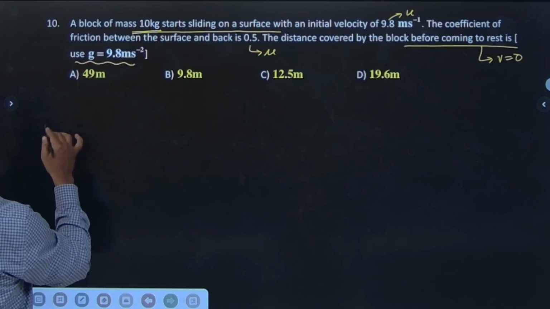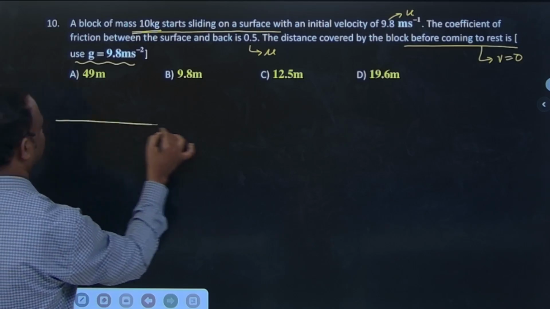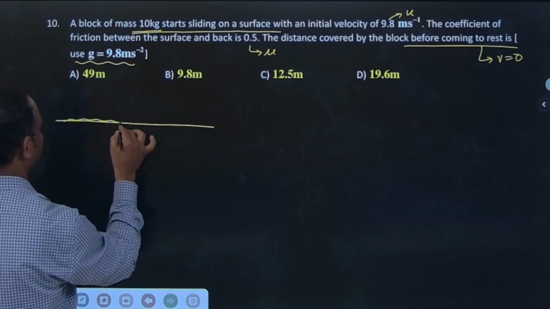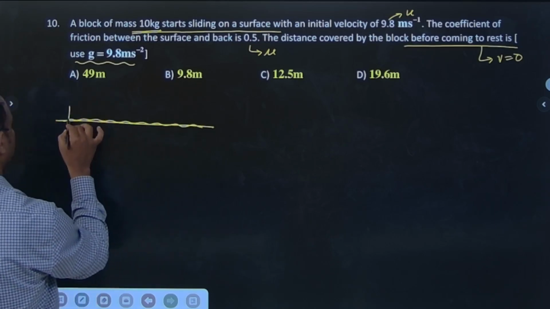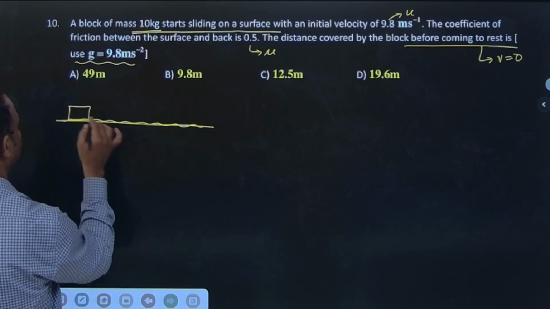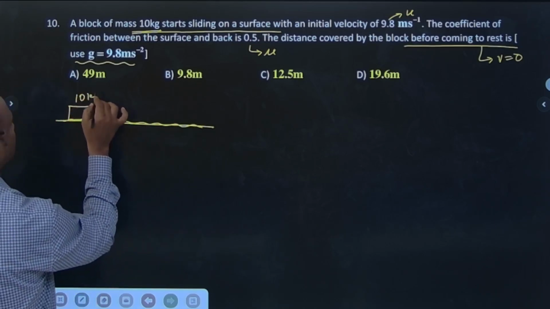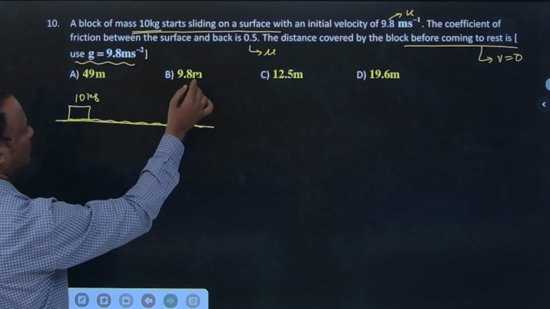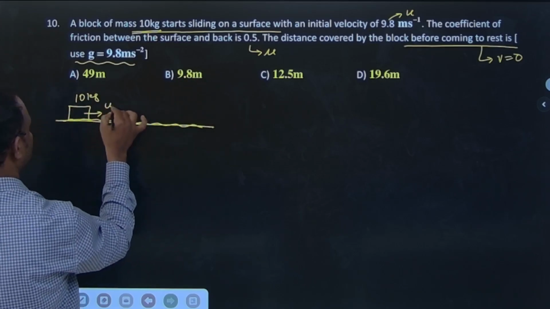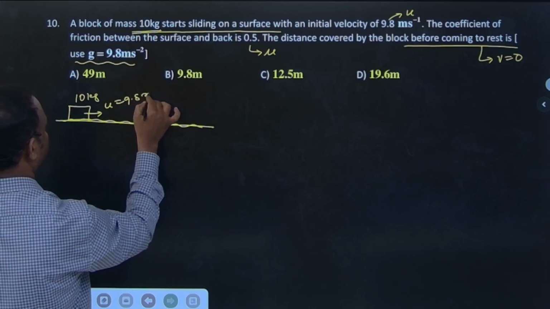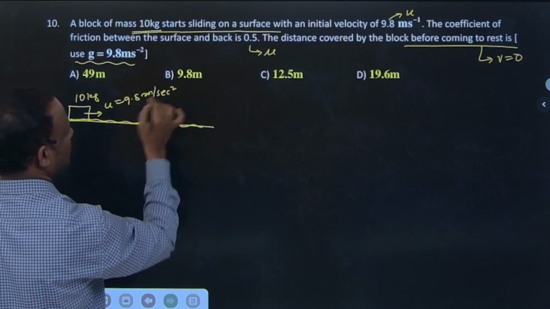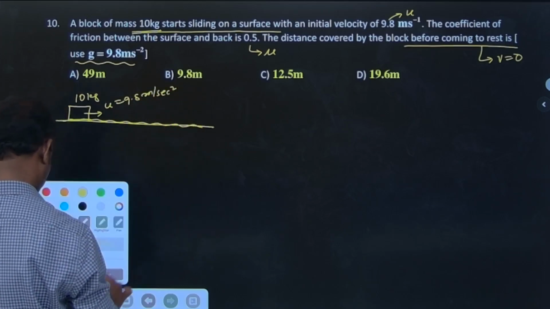Here is the rough surface, and a block is placed here. Its mass is 10 kg. It starts moving with an initial velocity u, which is 9.8 meter per second.